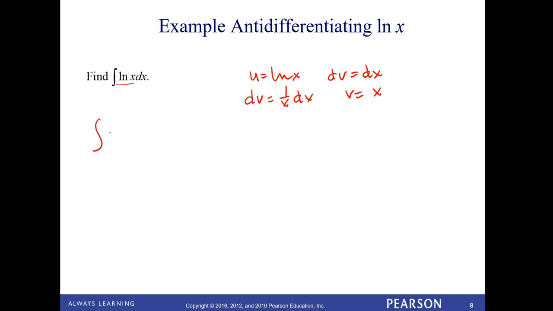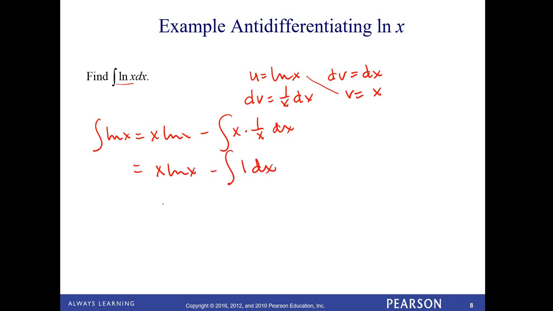So the integral of ln x equals u times v, x ln x, minus the integral of x times 1 over x dx. Well, that's just 1. So x ln x minus the integral of 1 dx.